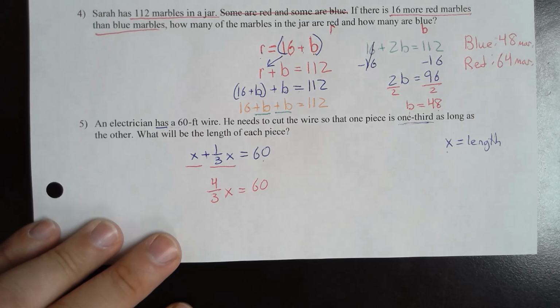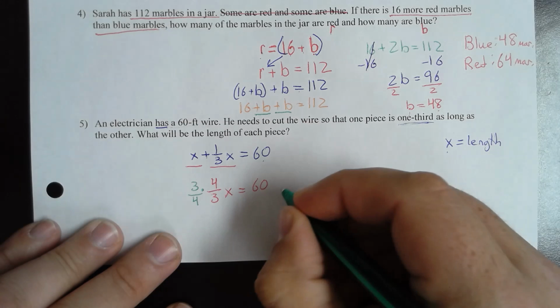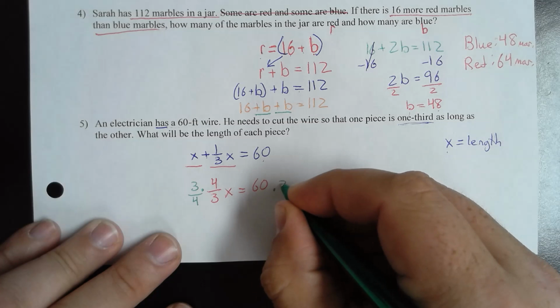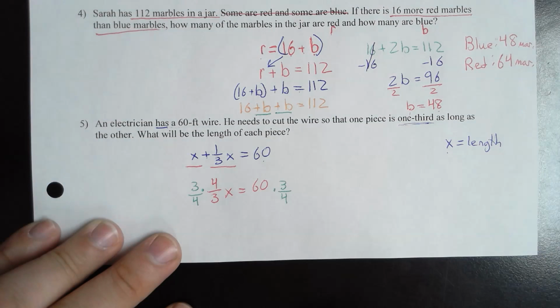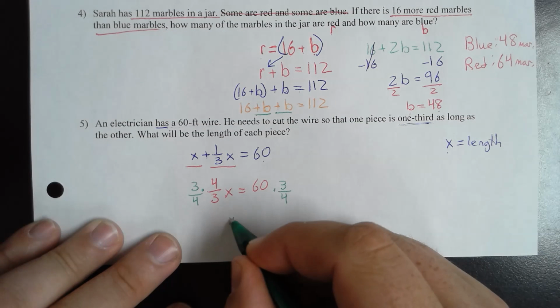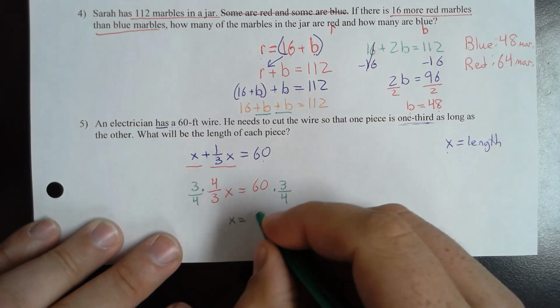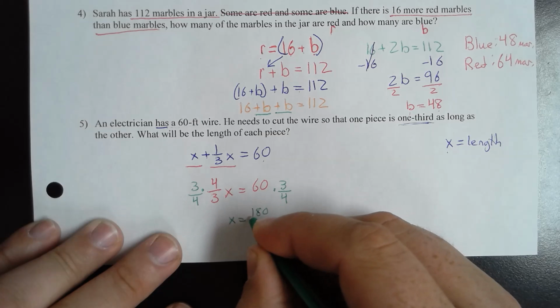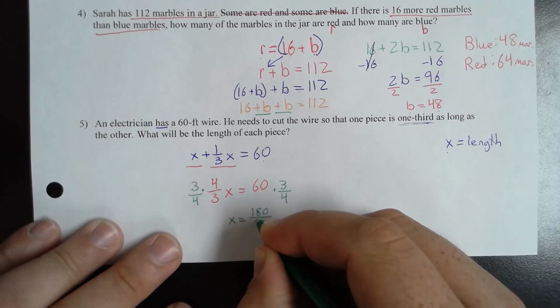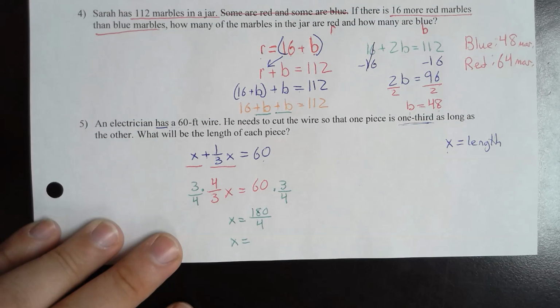So we times by 3/4, which is our reciprocal, which gets us what? 60 times 3 gets us 180. 4 times 1 is 4, which that reduces to what? 45.